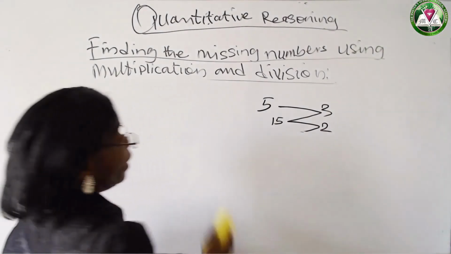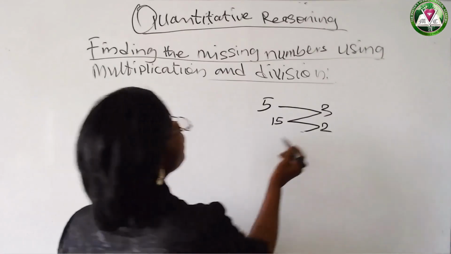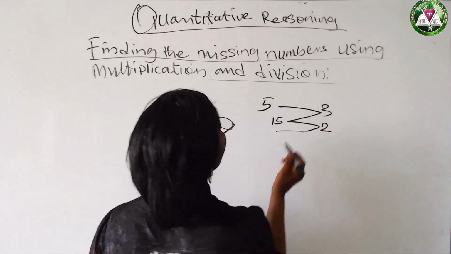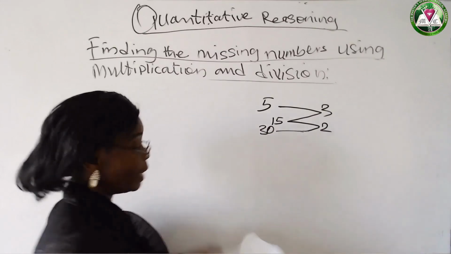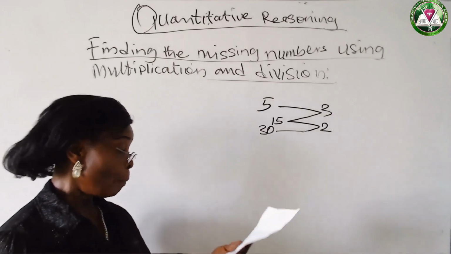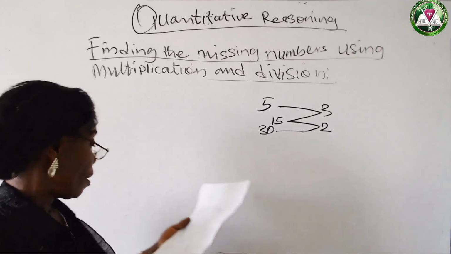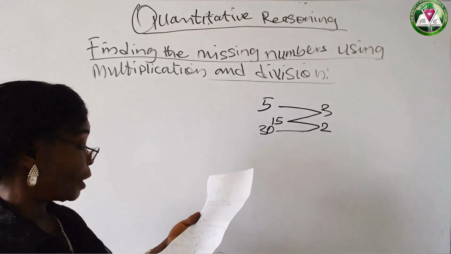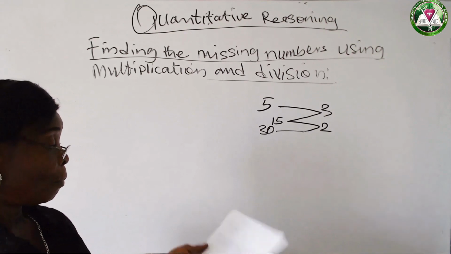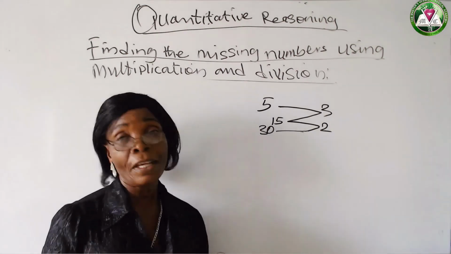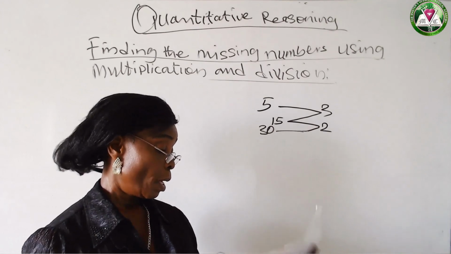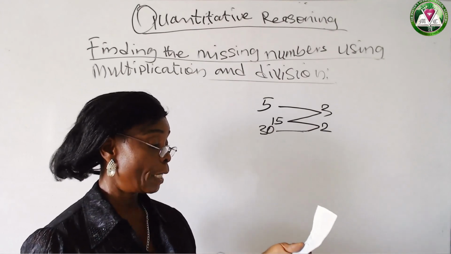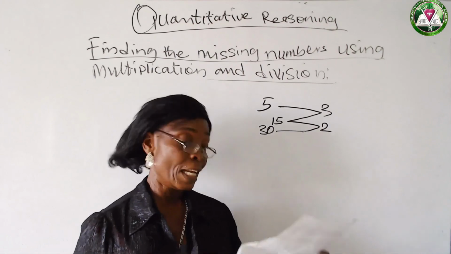Children, having learned the steps involved in solving problems in quantitative reasoning, and having been able to apply them in solving problems, in finding all the figures here, that will be the end of this quantitative reasoning lesson.